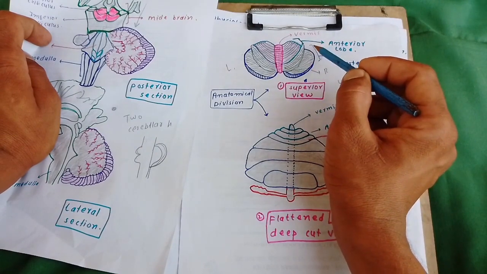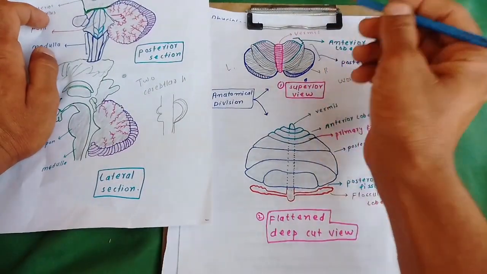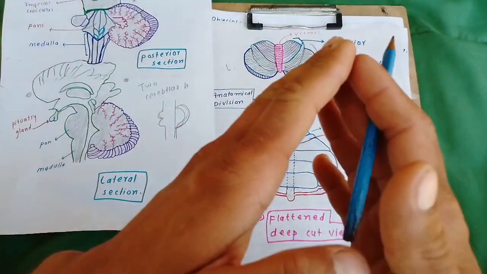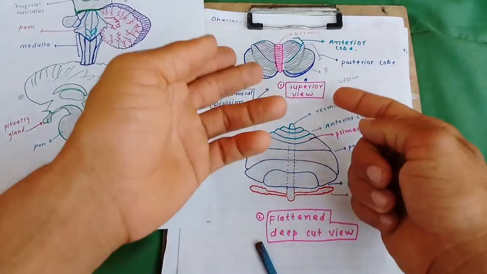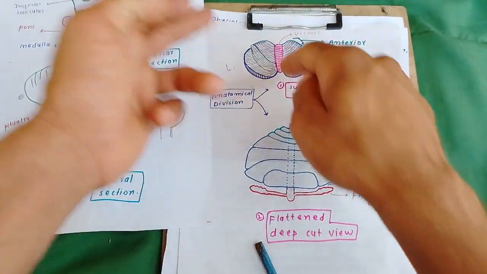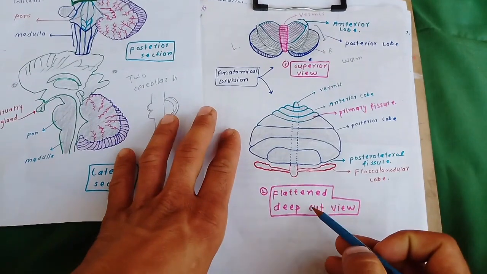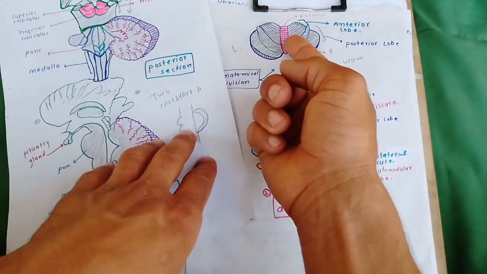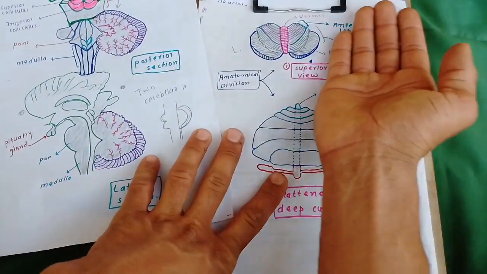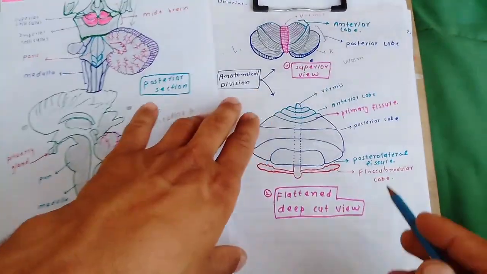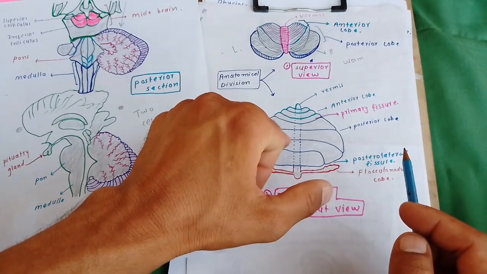These two lobes are separated by a groove-like structure, a deep groove, which is called the primary fissure. So this is the superior view, and this one is the deep cut view. When I cut this view in a deep section, this is the posterior lobe.